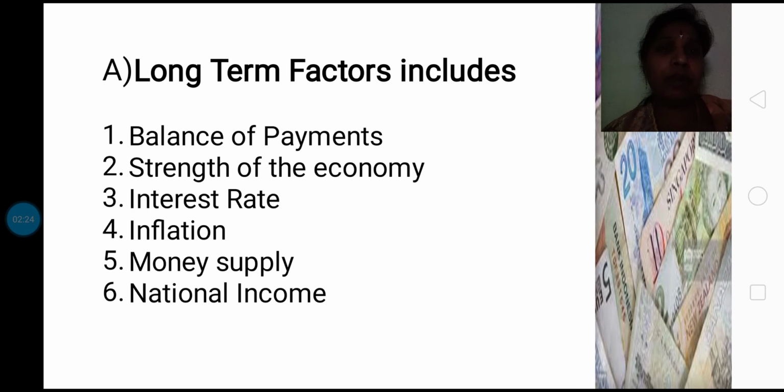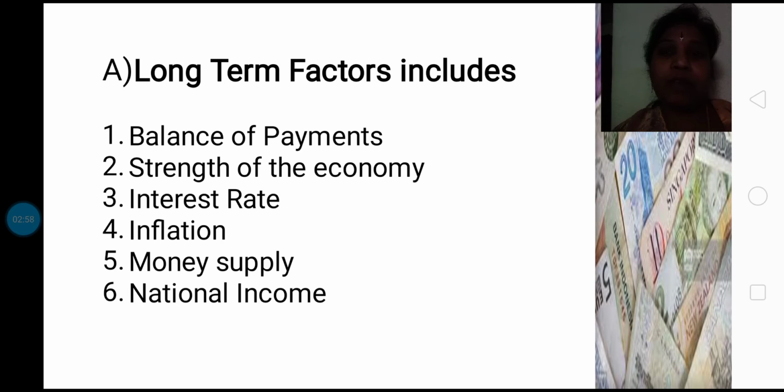So how much money has come into the country and how much has gone out of the country will determine the balance of payment. These financial transactions include the major participants like individuals, firms and government bodies. All these participants will determine the exchange rate on the basis of balance of payment.